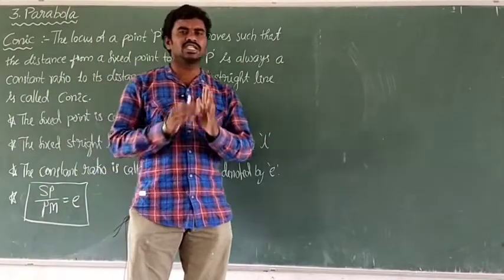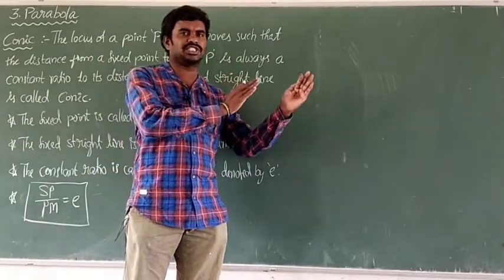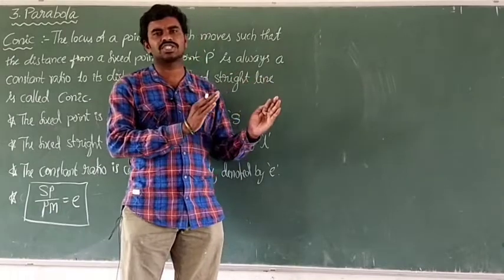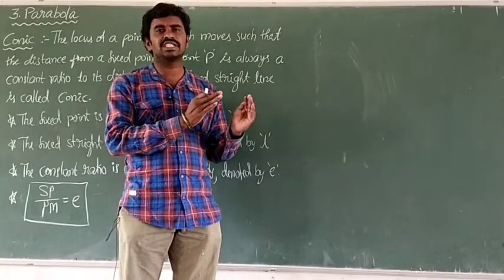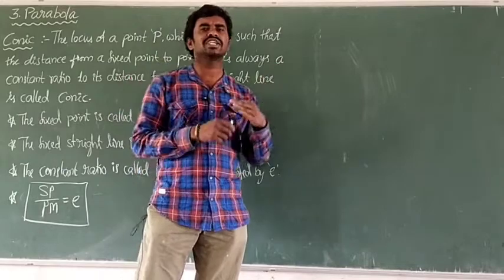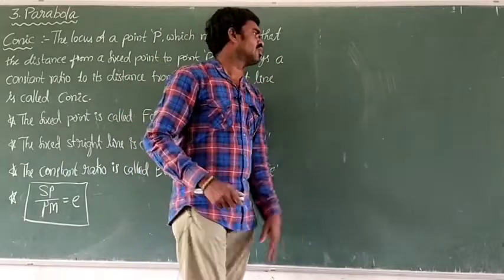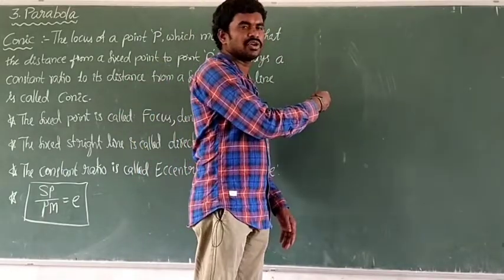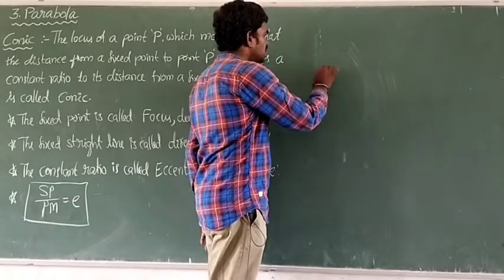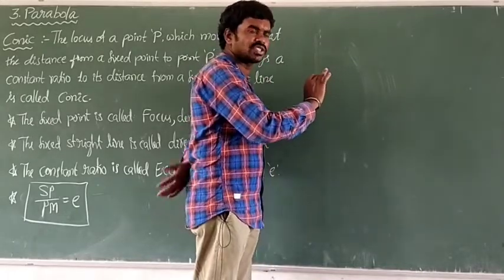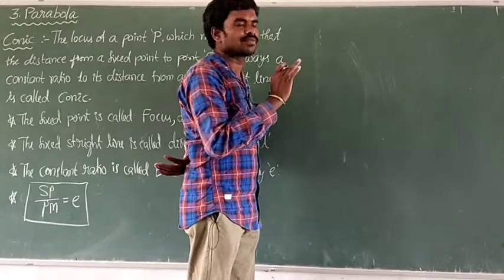Just now I have said conic. Conic means simply a constant ratio. Constant ratio means it is a fraction. The ratio of which terms? That I am going to explain. Conic means a constant ratio of two terms.